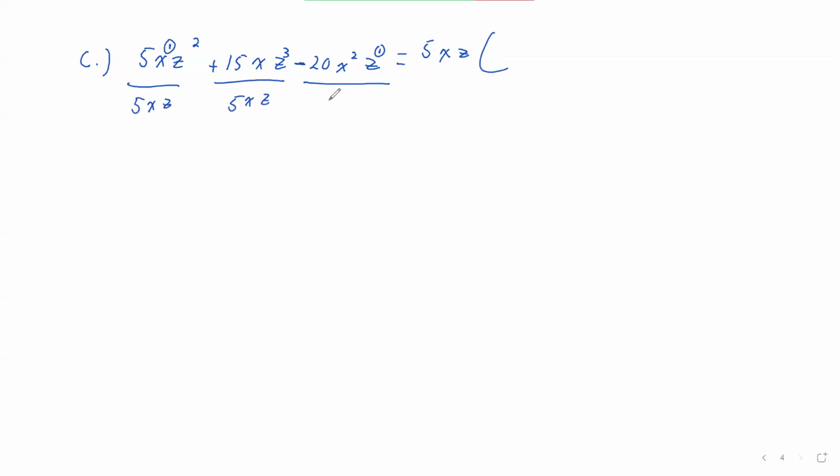Mm-hmm. So the 5 would cancel out, yes. Cancel out. Good. So z squared divided by z, there'd be 1z left. Three.